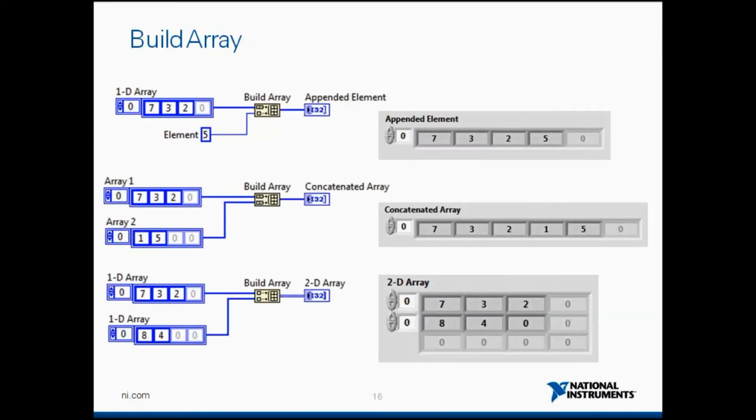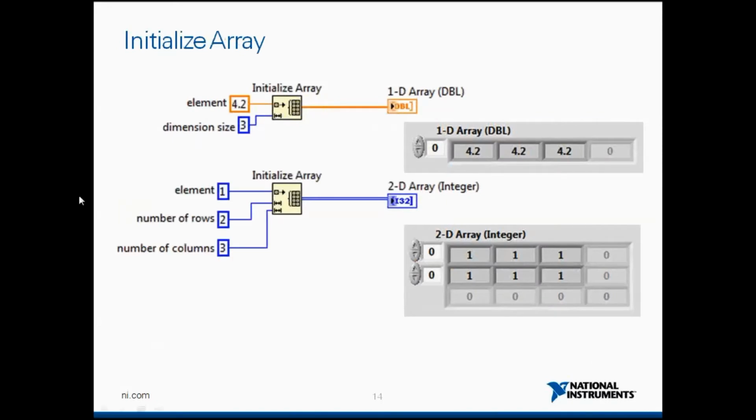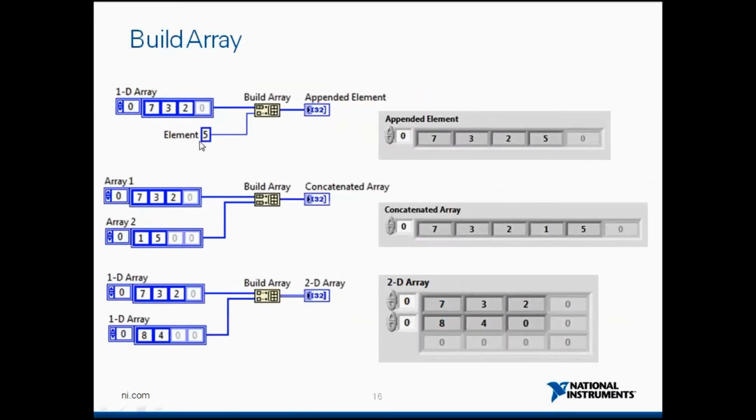Again, let's go on to see how you can build arrays programmatically. So here, using multiple arrays or using multiple scalar values, how you can create an array programmatically. The difference between this and initialize would be, in initialize I'm creating an array with the same data points. Here I can add different data points to it at the very creation of the array.